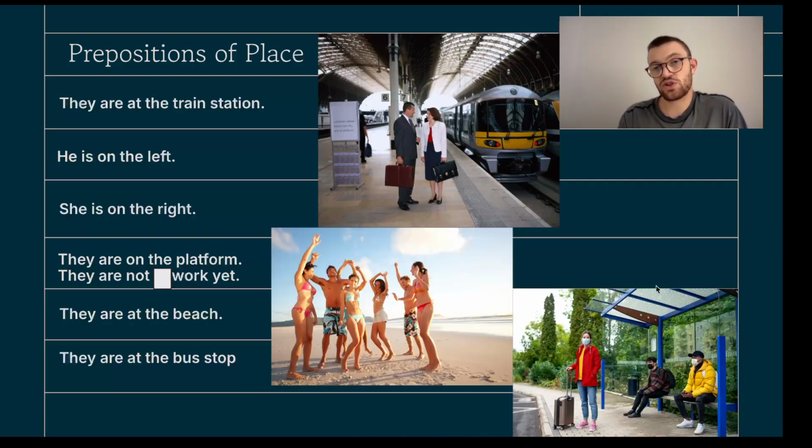They are under the bus shelter. But you wouldn't say that they are under the bus stop, because the bus stop is really the whole thing, not just this blue bit. Right? The blue bit is the bus shelter. The whole thing where the bus stops and everything else, that is the bus stop.